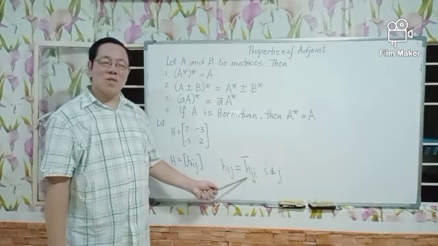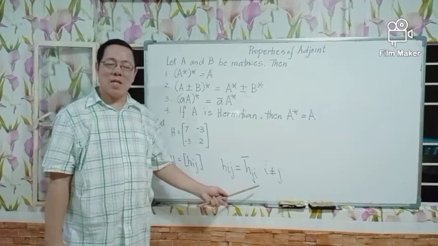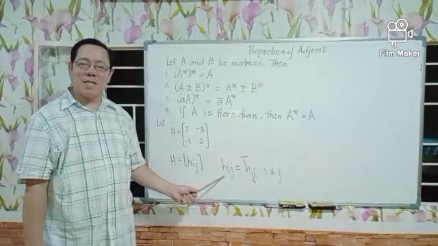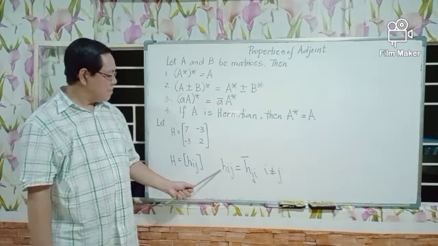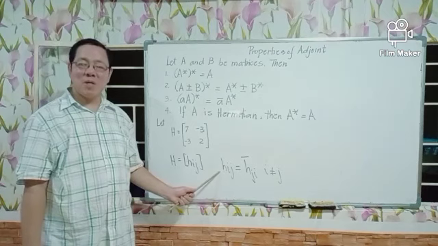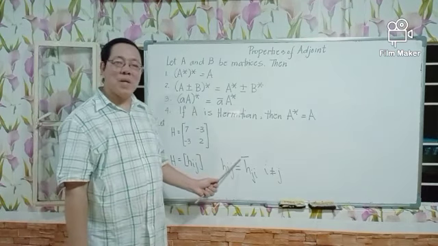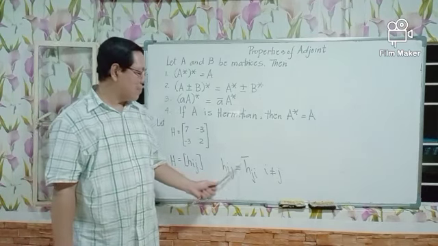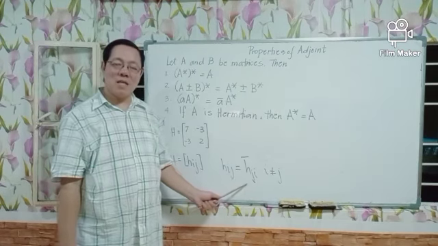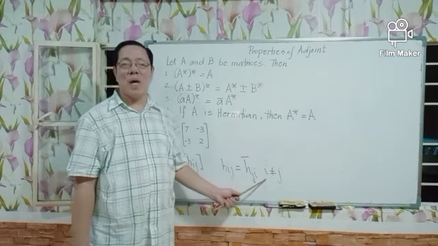The complex conjugate of the ji entry of the Hermitian matrix is equal to the ij entry, or the ij entry of the Hermitian matrix is equal to the complex conjugate of the ji entry, and this must be true for all values of i and j that are not equal.